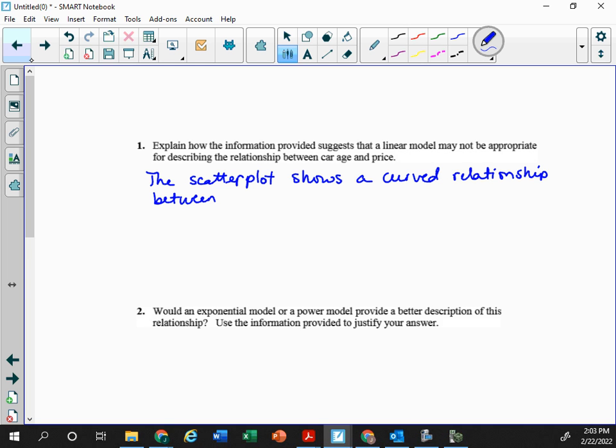So the scatter plot shows a curved relationship between price and age. And you could also mention the residual plot is not a cloud, or you could say it shows a pattern.